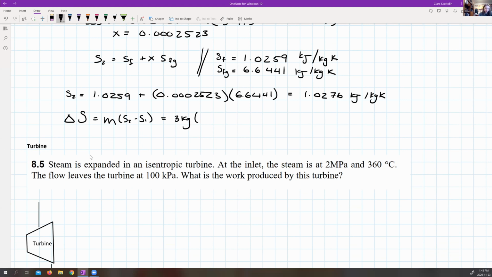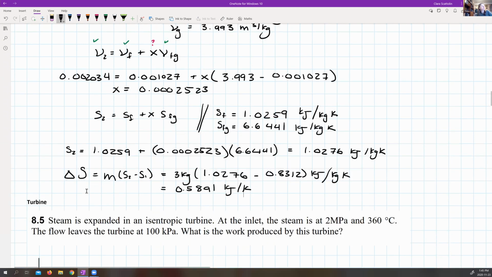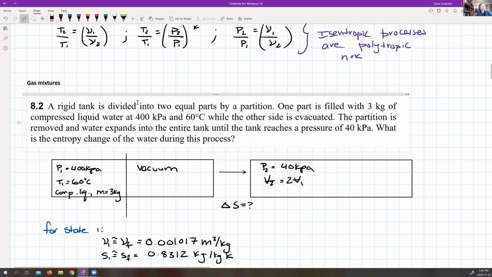I have an S2 of 1.0276 minus 0.8312 kilojoules per kilogram Kelvin. Oh, that should be Kelvin. Kilojoules per kilogram Kelvin gives me a value of 0.5891 kilojoules per Kelvin. So that answers all of the components of question 8.1.